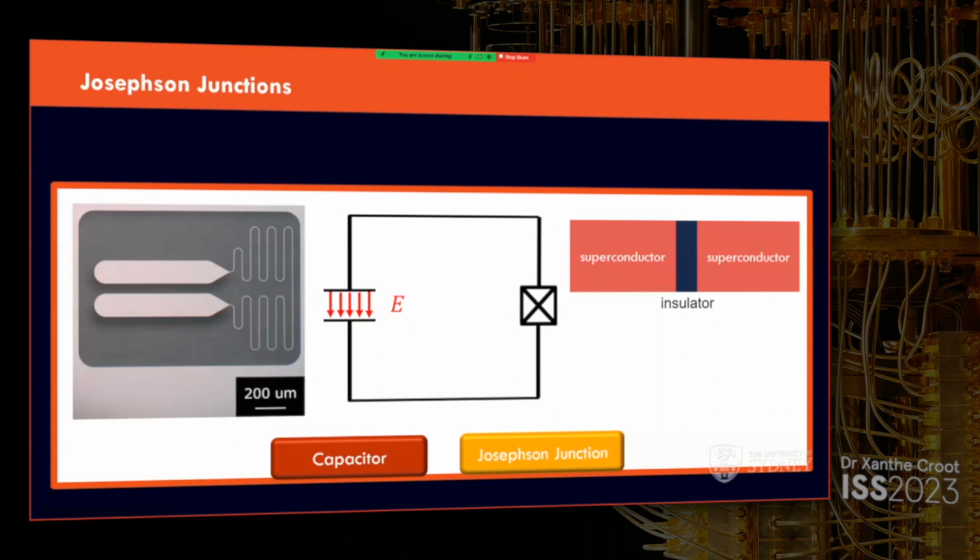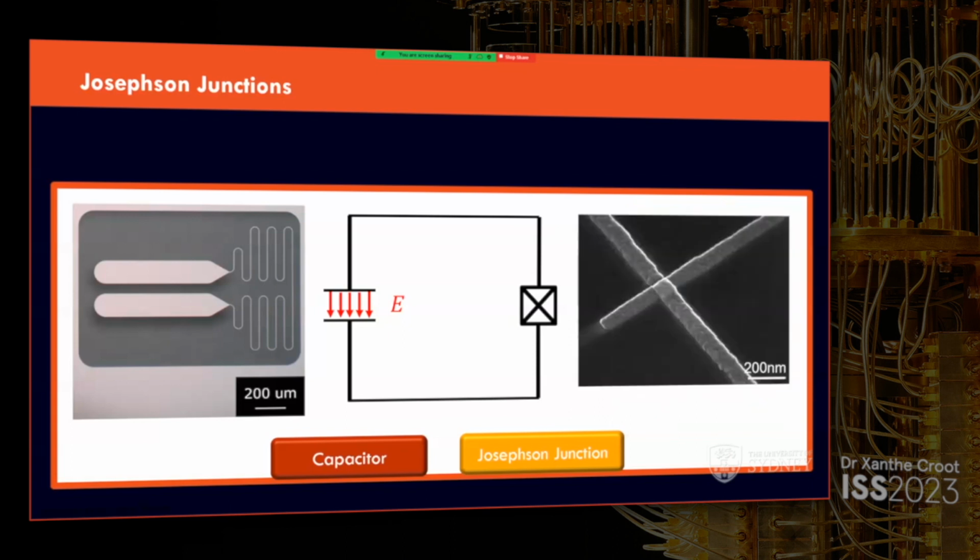It blocks the current. But in quantum mechanics, we can get tunneling. And that's indeed what happens. We can get Cooper pairs which kind of magically avoid this insulating barrier and can tunnel from one side of the Josephson junction to the other. This really unique quantum behavior is what gives the Josephson junction these special properties that mean we can build qubits from it.